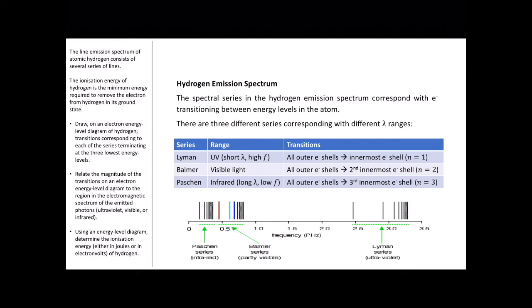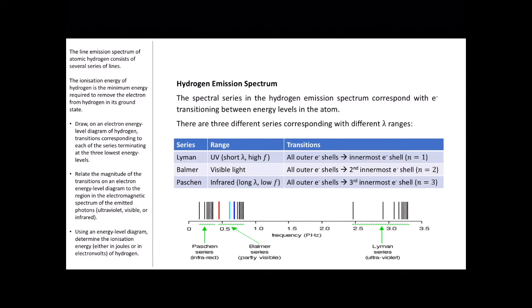So for stage 2 physics, you need to be able to draw on an electron energy level diagram of hydrogen transitions corresponding to each of the series terminating at the 3 lowest energy levels. You need to be able to relate the magnitude of the transitions on an electron energy level diagram to the region in the electromagnetic spectrum of emitted photons.